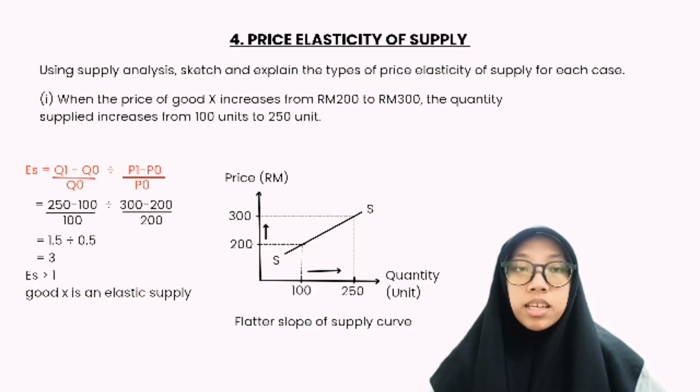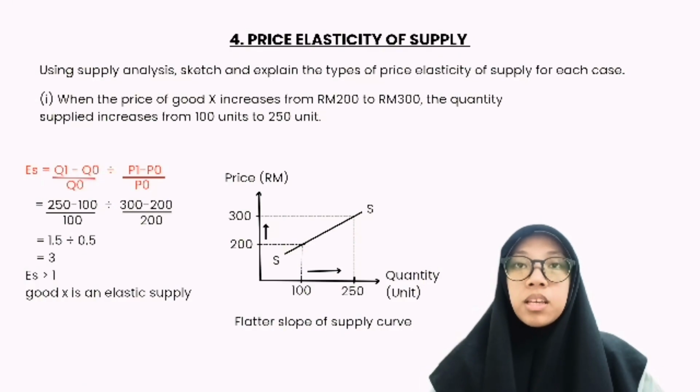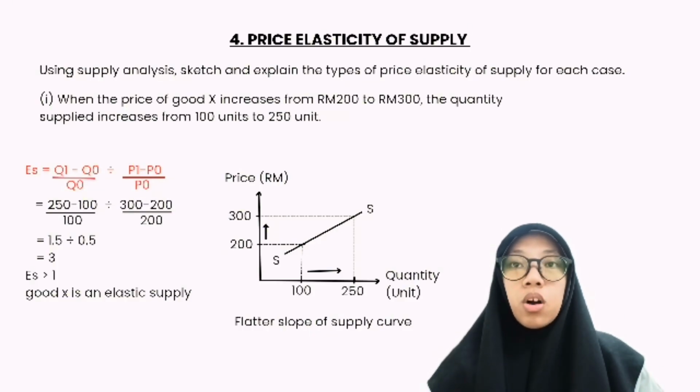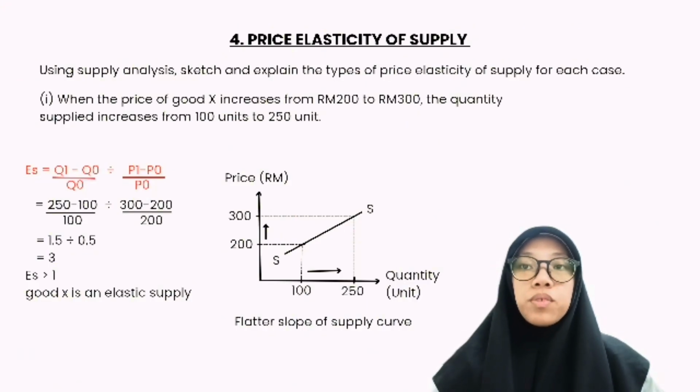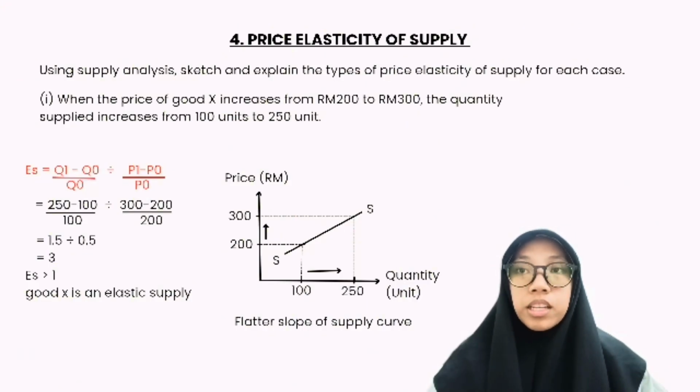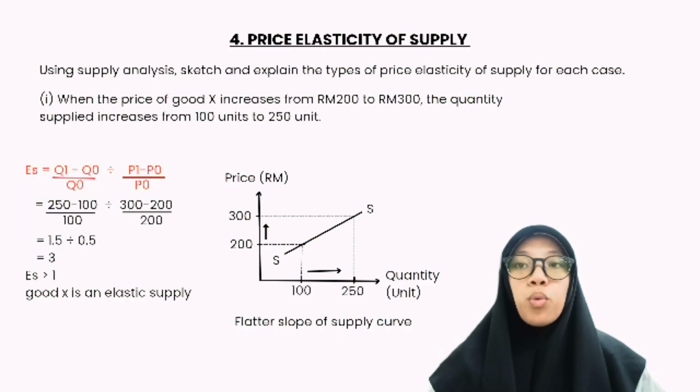Q is the new quantity, which is 250, while Q0 is the old quantity, which is 100. The new price, P, is 300, meanwhile P0 is the old price, 200. So if we calculate, 250 minus 100 divided by 100 equals 1.5.